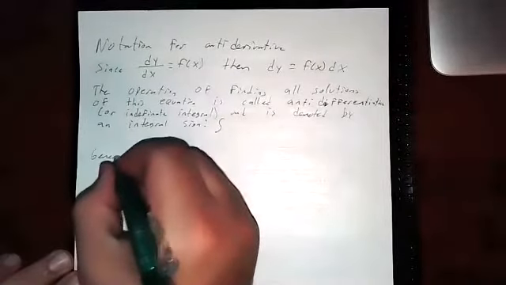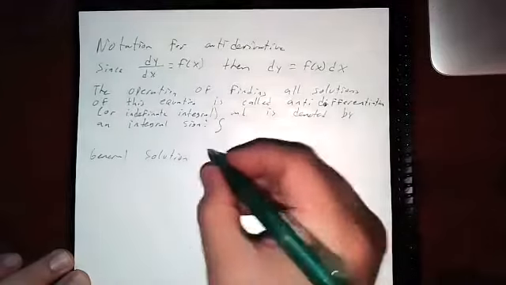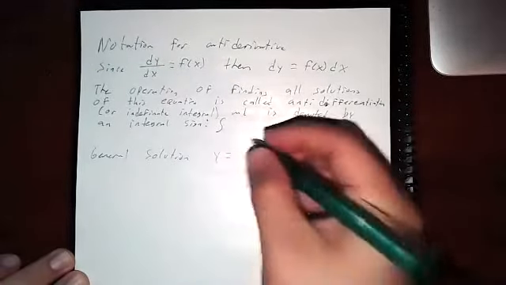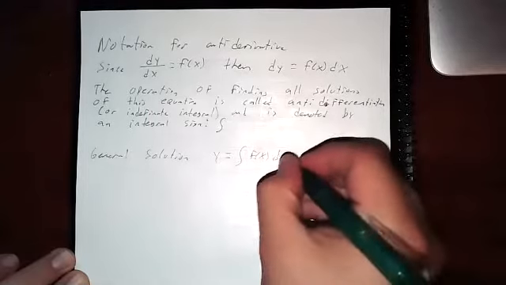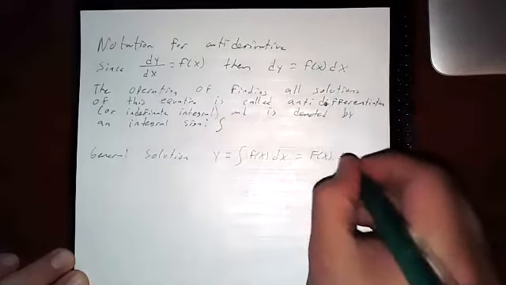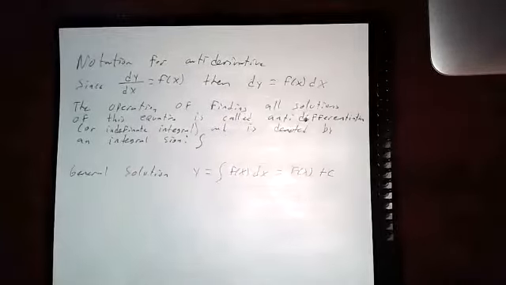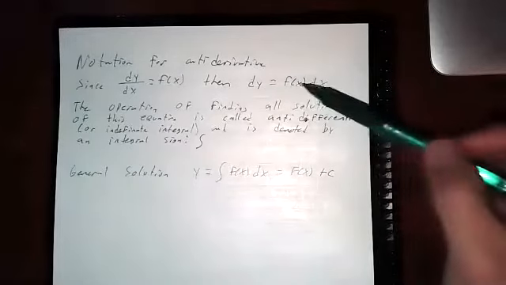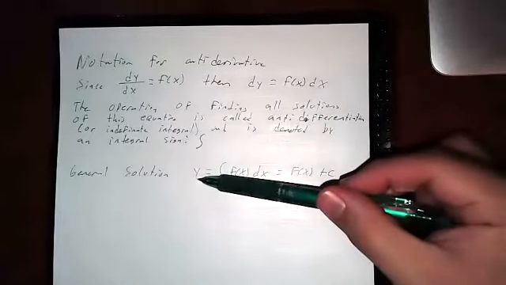General solution looks like this, or is denoted this way. Y is equal to the integral of f of x dx, which is equal to capital F of x plus c. So basically you integrate both sides of this to solve for the original function y.